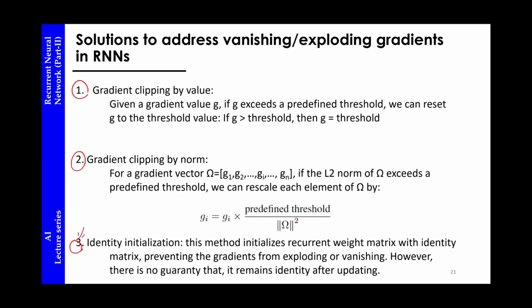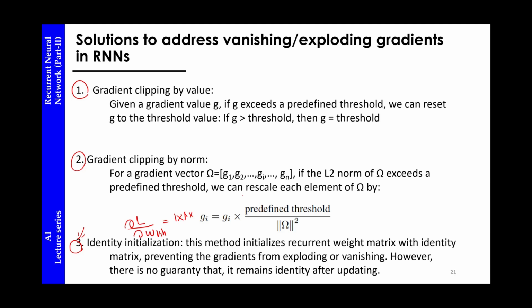If we initialize our parameters with the identity matrix when we start training, then when we calculate the partial derivative of L with respect to the recurrent weight matrix, we will have just one multiplied by itself over and over, and it will help us avoid vanishing gradients at the beginning of the training.